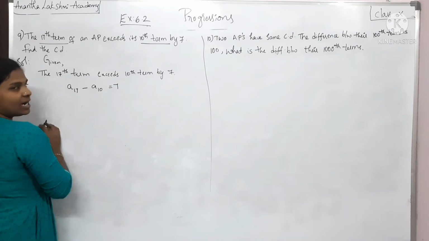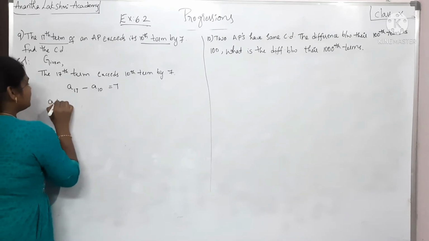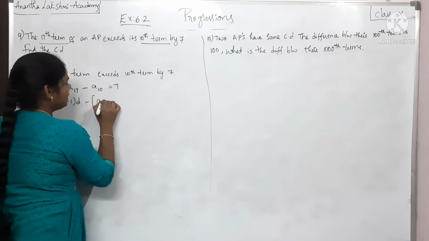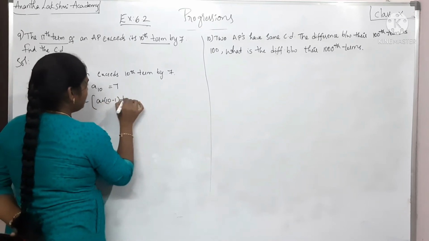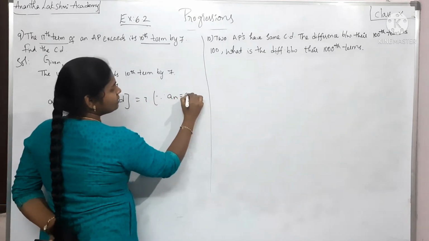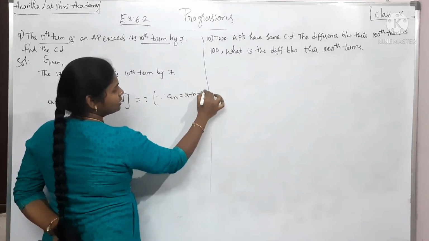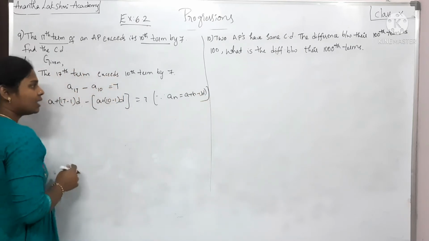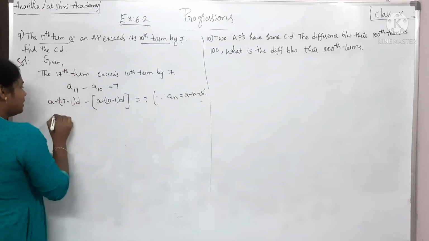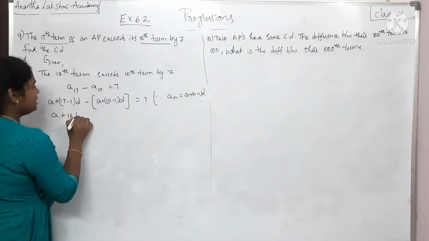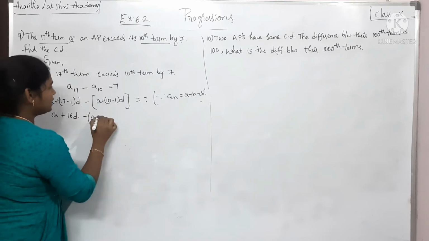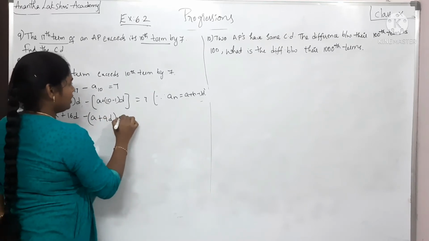So let us expand this formula. A plus 17 minus 1 into D minus A plus 10 minus 1 into D is equal to 7. Why? Since an is equal to a plus n minus 1 into d. This is the formula we need. Alright, so a plus 16d minus a plus 9d is equal to 7.